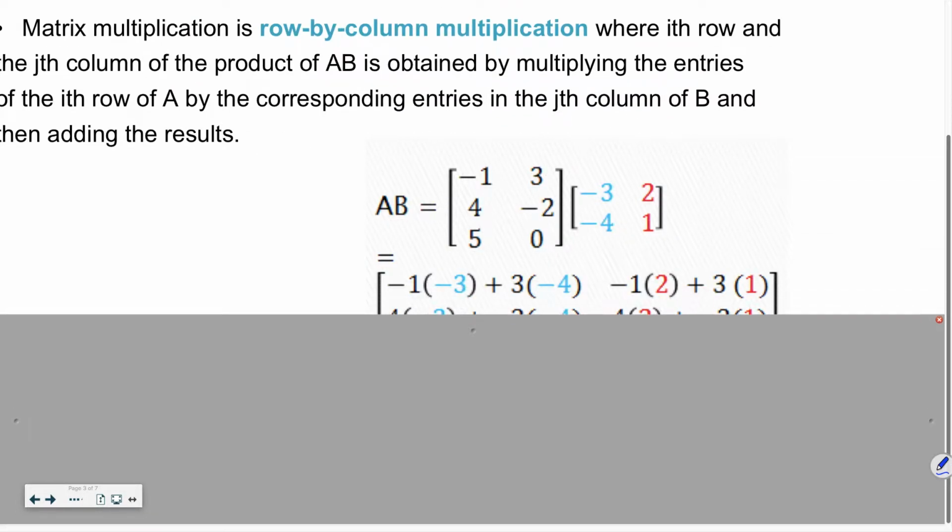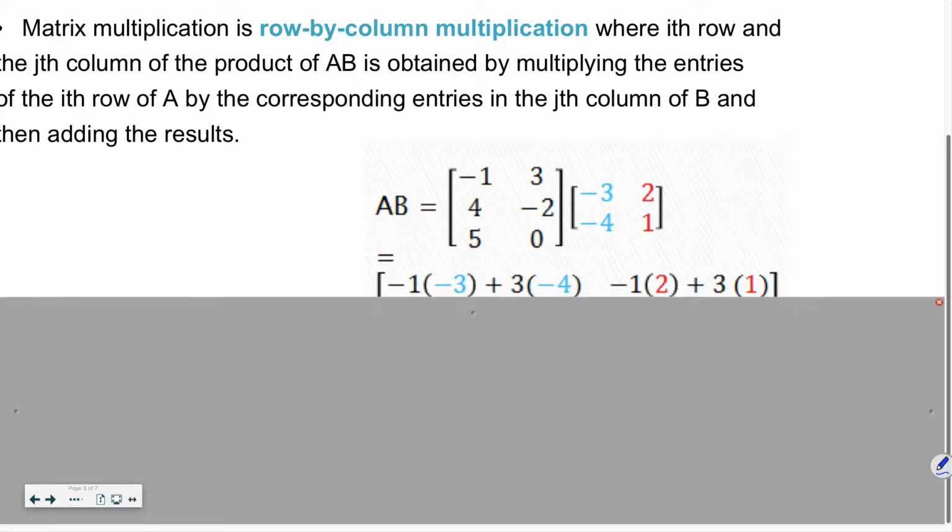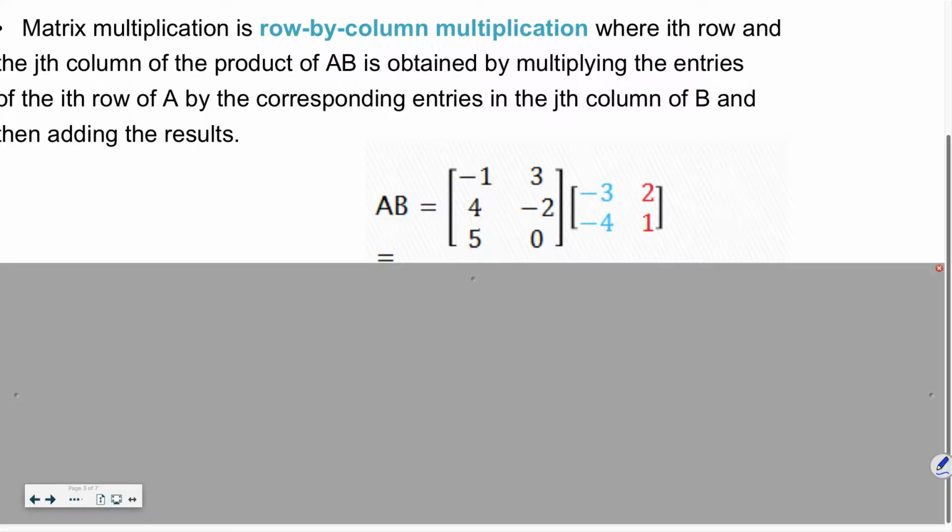So let's go through that example. And I do want you to write down what I have up here so you can refer to it this weekend when you're doing your homework. Okay? So first of all, what is the order of this A matrix right here? This is a 3 by 2 matrix. And this matrix right here is a 2 by 2.